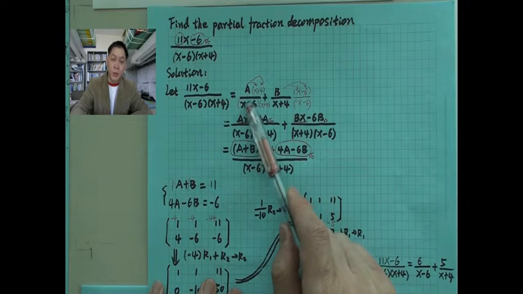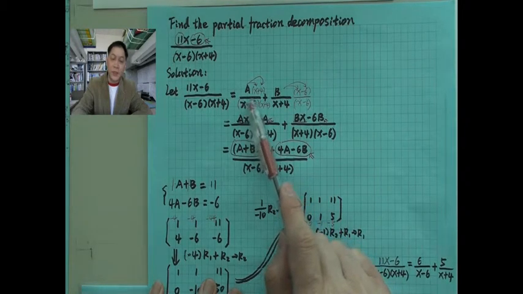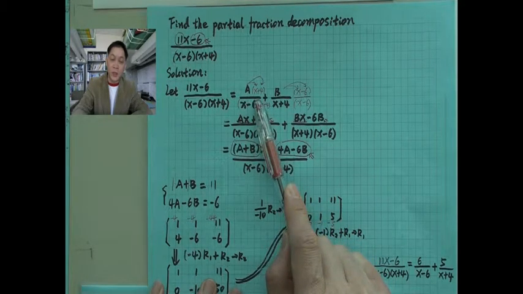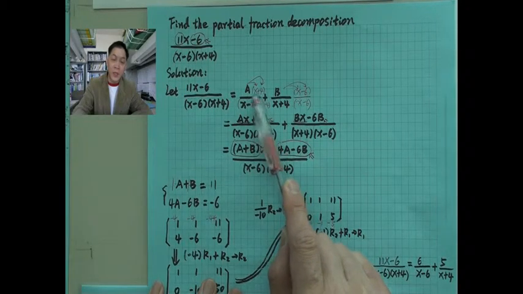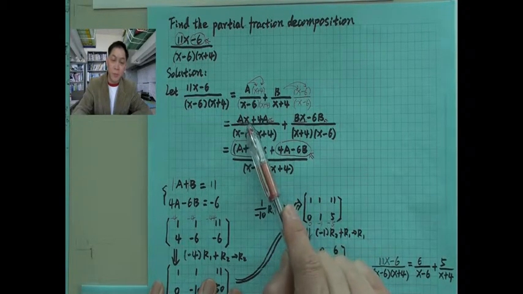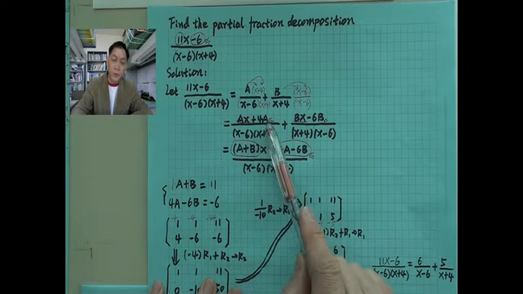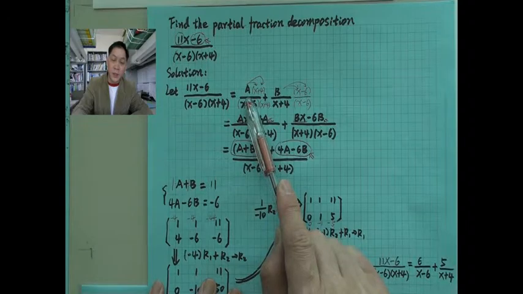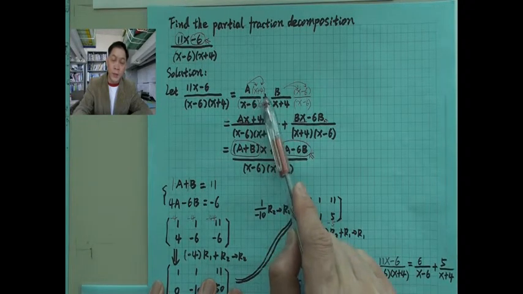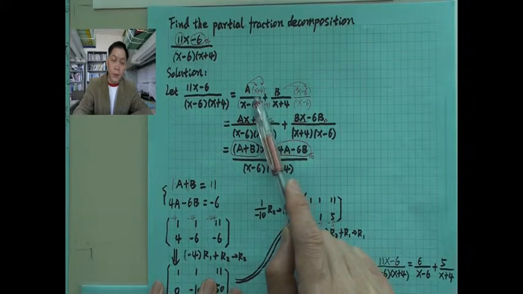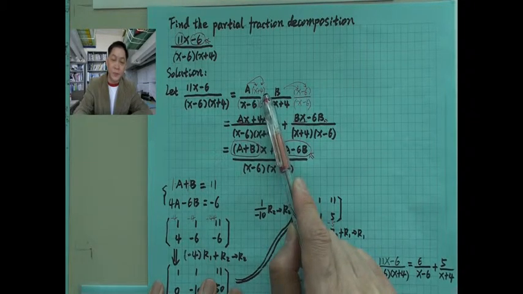For the numerators, A times the quantity (x + 4) is A times x, plus A times 4, so you get 4A here. The A has to multiply both terms inside.